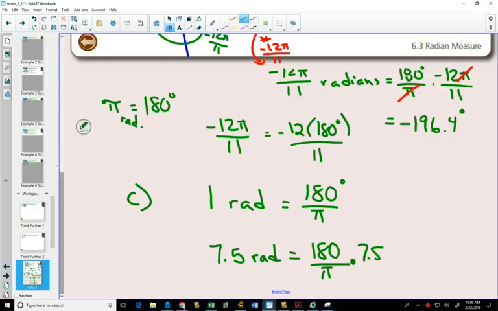Type that into our calculator. And we get 429.7 degrees.